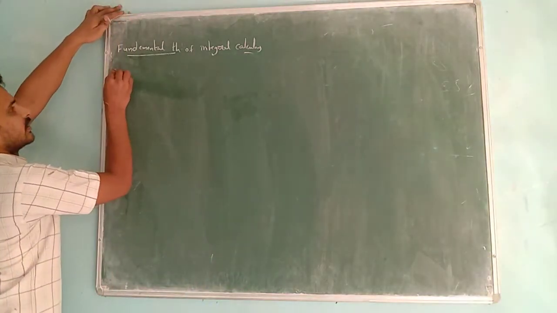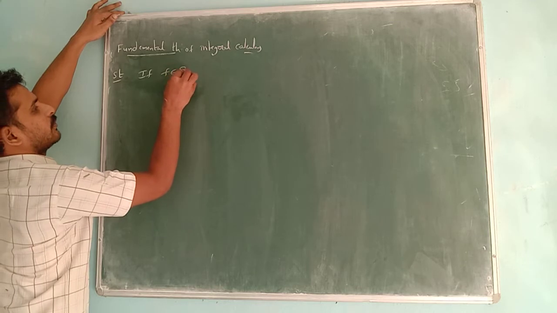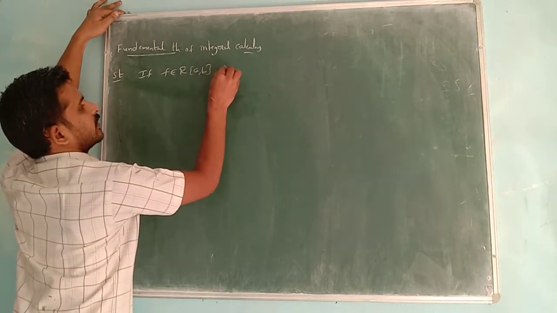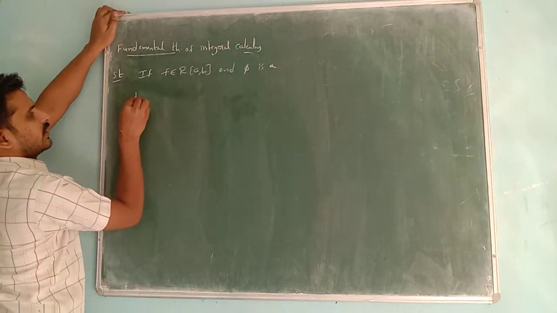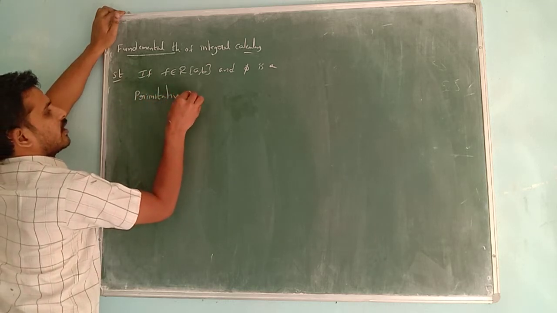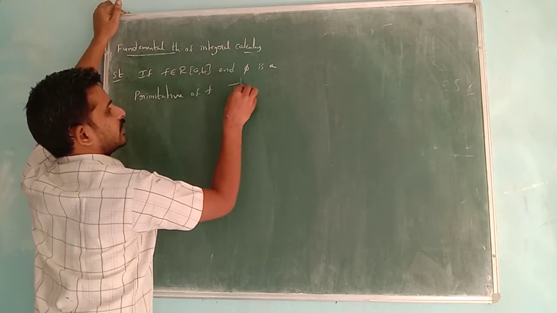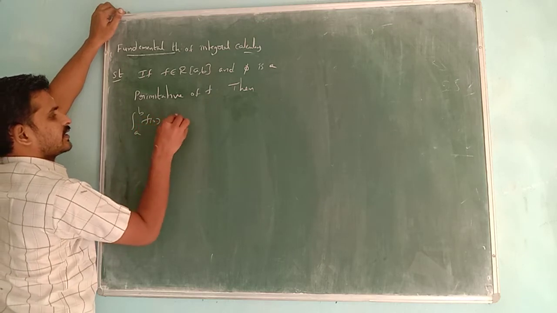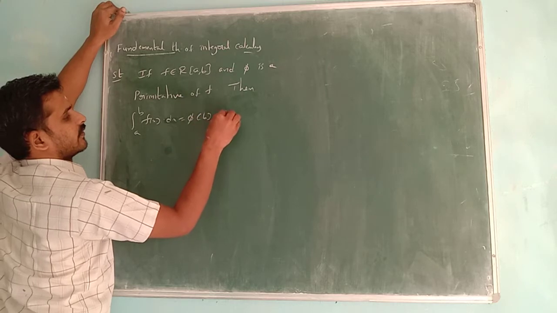So the statement: if f is Riemann integrable on closed [a, b] and phi is a primitive of f, then the integral from a to b of f(x) dx is equal to phi(b) minus phi(a).